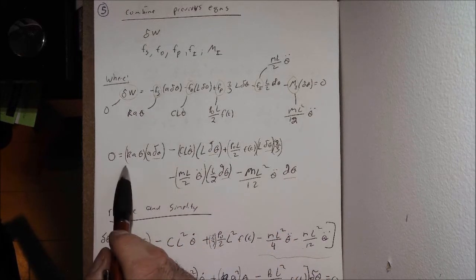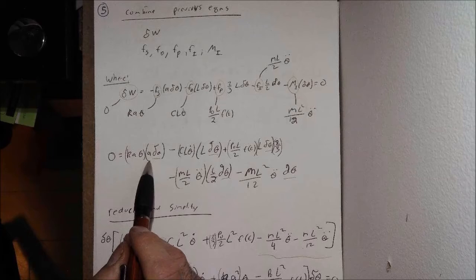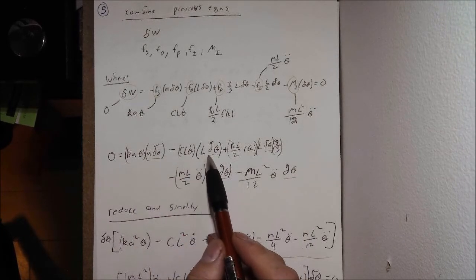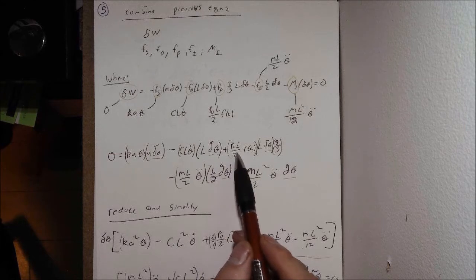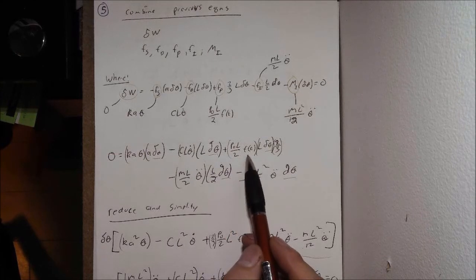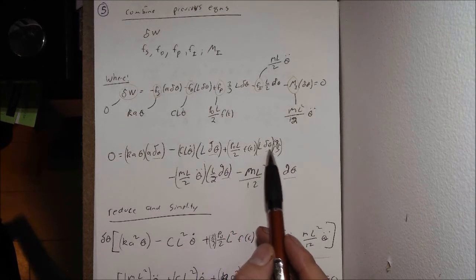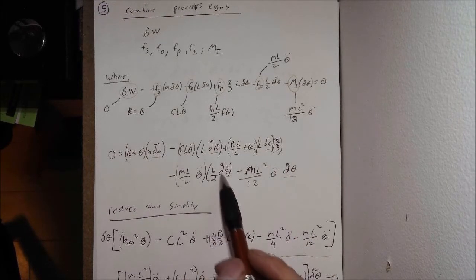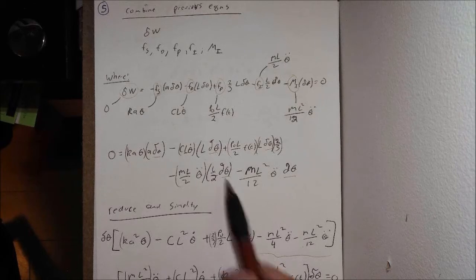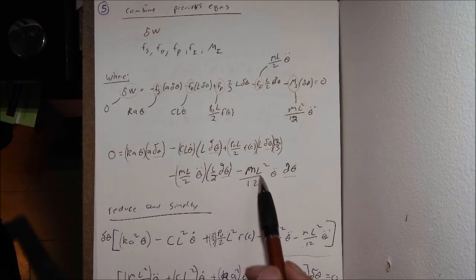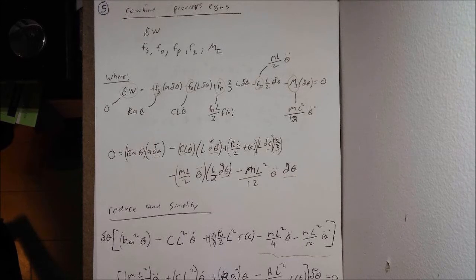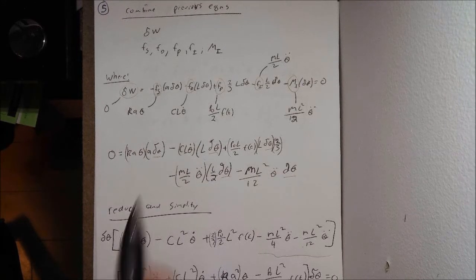Now we have 0 is equal to k a theta times a delta theta, minus cl theta dot times L delta theta, plus p naught L over 2 times f of t times L delta theta times 2/3, minus ml over 2 times theta double dot times L over 2 d theta, minus ml squared over 12 theta double dot d theta. Now the thing that we can note here as we're looking at this, we want to reduce and simplify it.